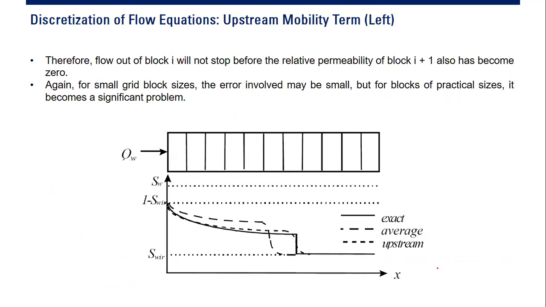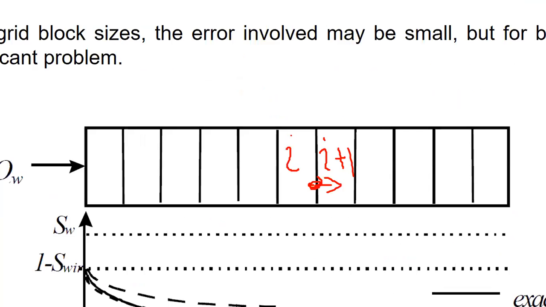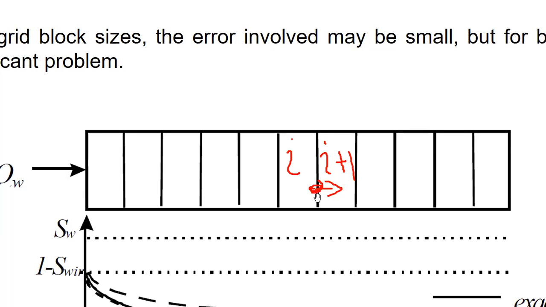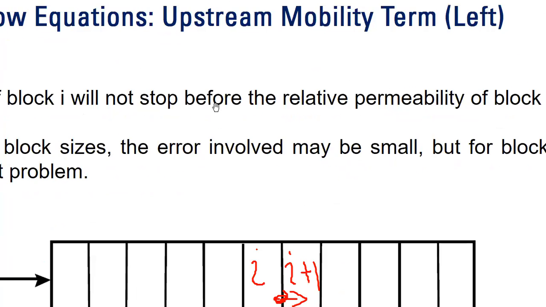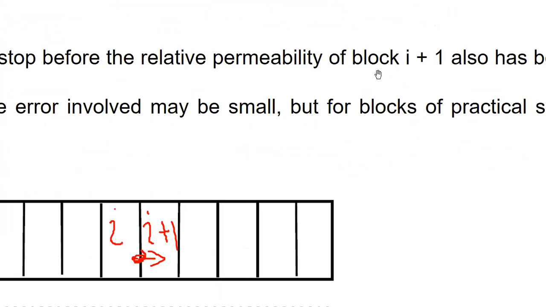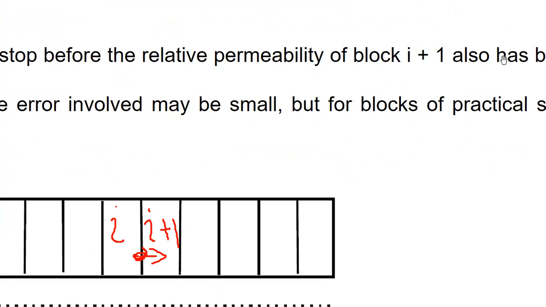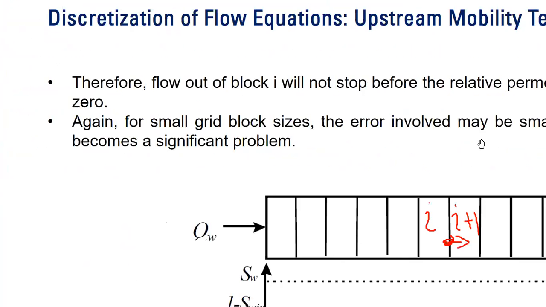Therefore, flow out of block I will not stop before the relative permeability of block I+1 also has become 0. Okay, so let's say we have block I here and block I+1. The flow out of block I here will not stop before the relative permeability of block I+1 also has become 0.